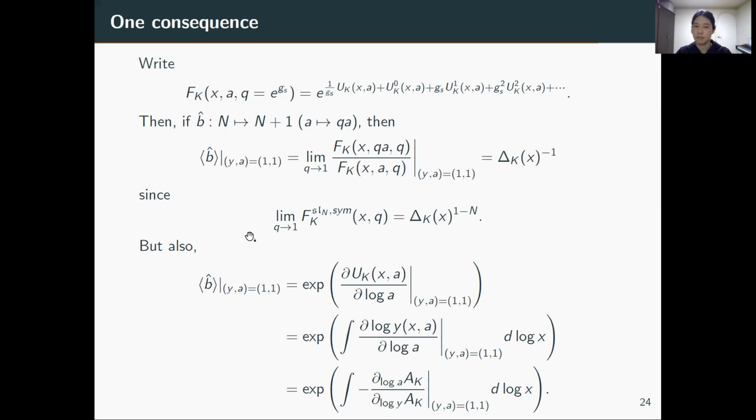It's because we know that the classical limit of the symmetric SL_N F_K is just the Alexander polynomial to the power of 1 minus n.